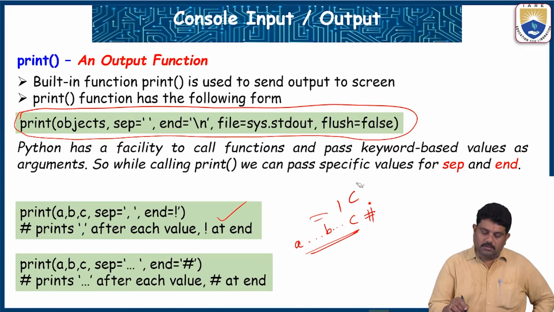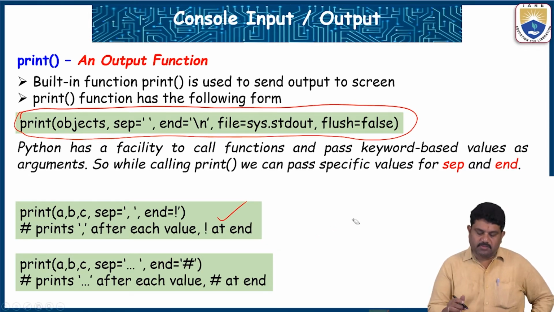If we do not provide anything for the separator and end, it takes the default values, that is space. It prints a b c like this by default, and the cursor comes to the next line. So if you use the print function again, it starts printing on the next line. This is the default behavior.